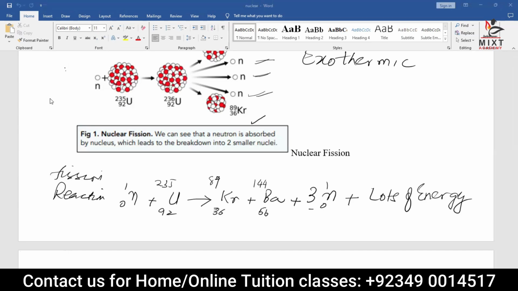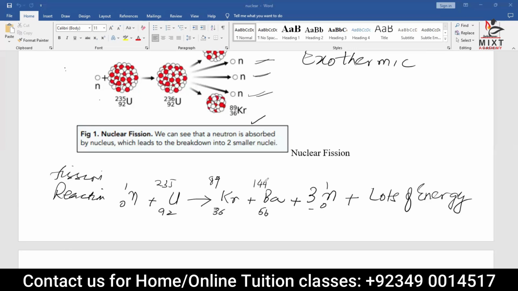If you really want to check whether this equation is right, check the nucleon number on the left hand side and compare it with the right hand side. They both should be equal. 1 plus 235 is 236. Now check this out: 89 plus 144 is how much? Yes, Manu, how much?